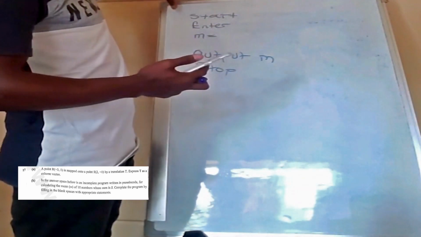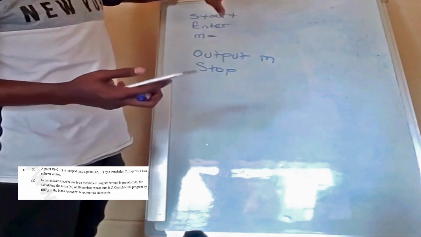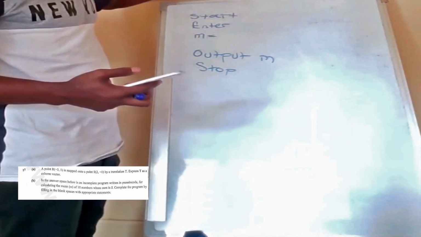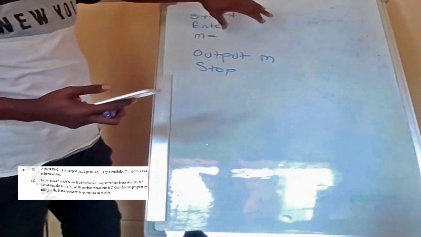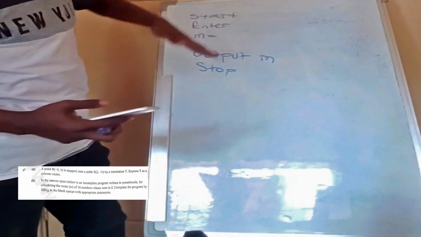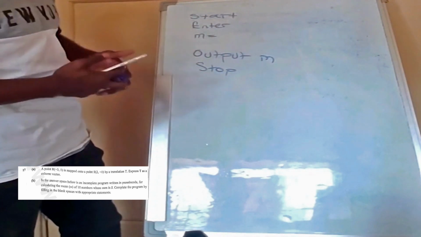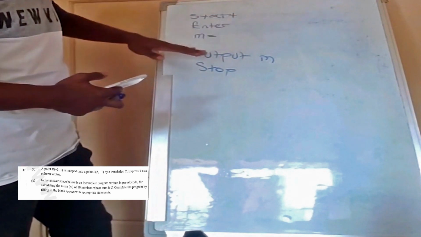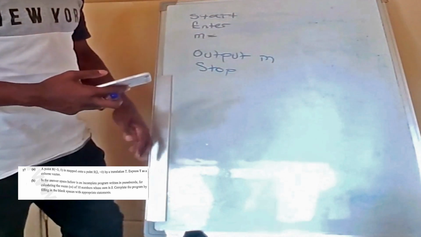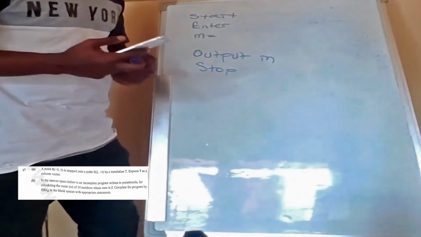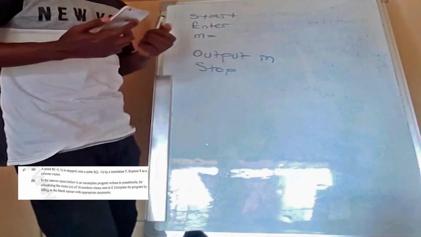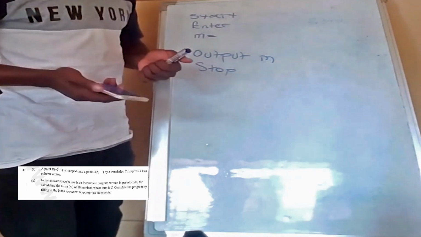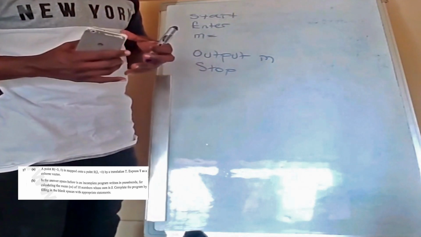That's the question. And here is what we have on the answer space. We've got start, enter, m equals, output m, and stop. And you're asked to write what's supposed to be on the enter and what's supposed to be on the m equals. So how do you do it? Pseudocode is basically explaining what is happening.